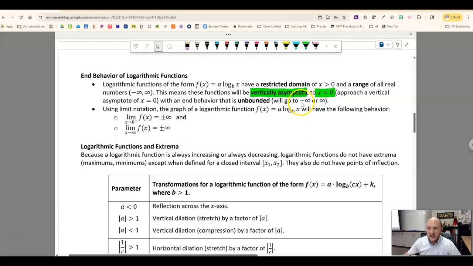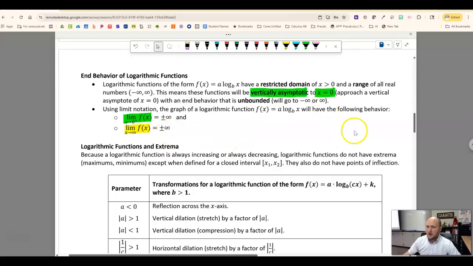It will go to negative infinity for normal logarithmic functions, or positive infinity if you have a reflection. Okay, and then the other side, you're going to have an unbounded function. So as x goes to positive infinity, you'll either go up to positive infinity or down based upon kind of what's going on.